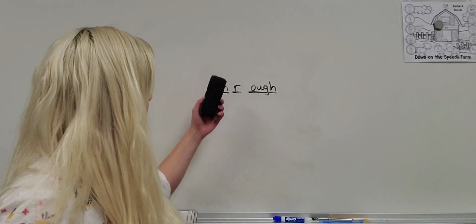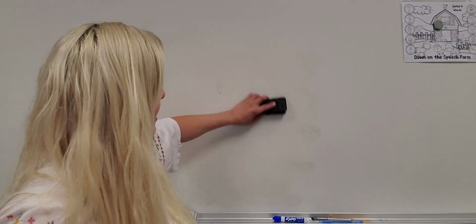All right, so now for spelling words. For spelling words, we're going to use that strategy, and then we're going to add more steps to it. So one spelling word that I saw was school.